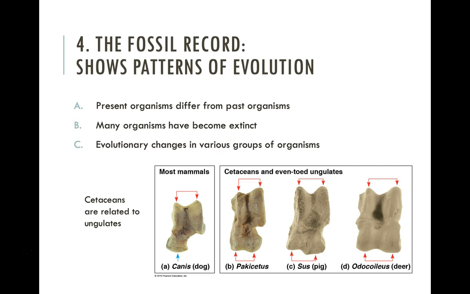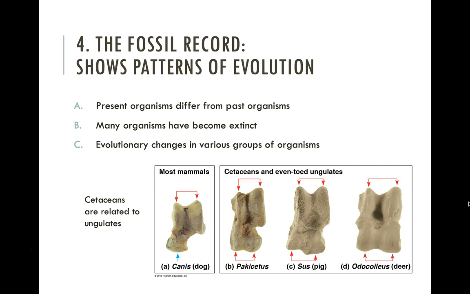So this is the ankle bone of a variety of different organisms. Most mammals have this shape on the left where we have two ridges and a dip in the center, and then one ridge along the bottom. This is where your foot connects to your leg bone.